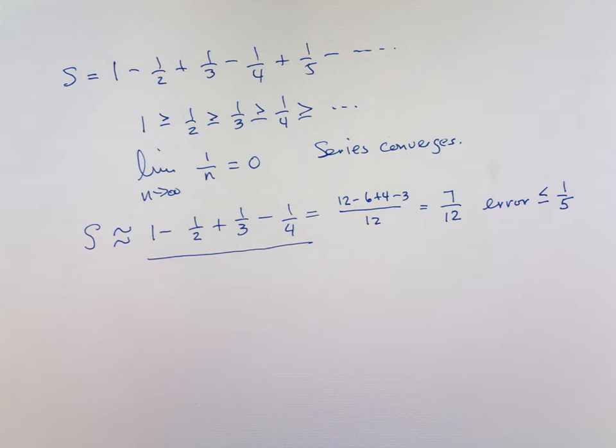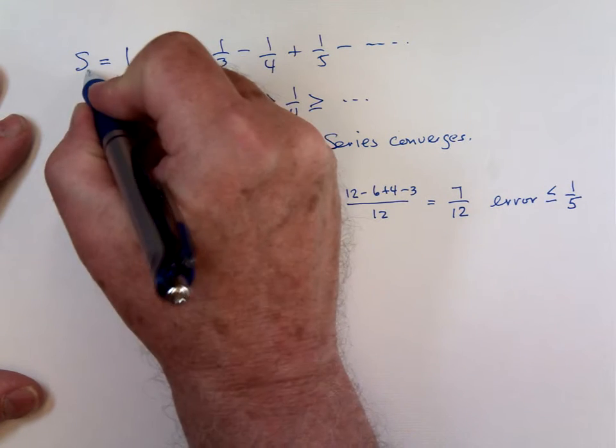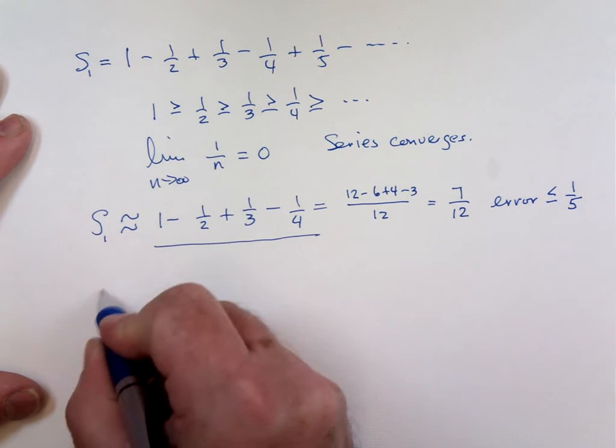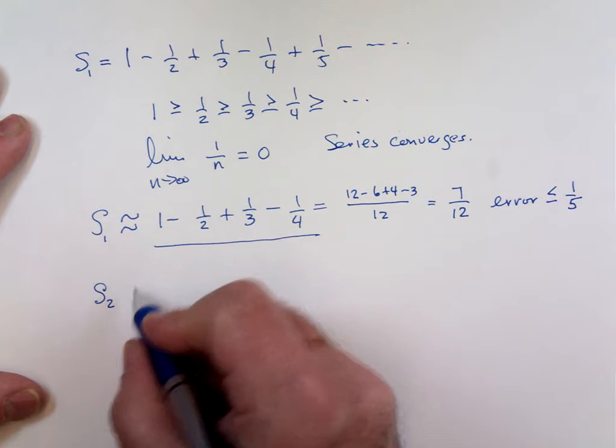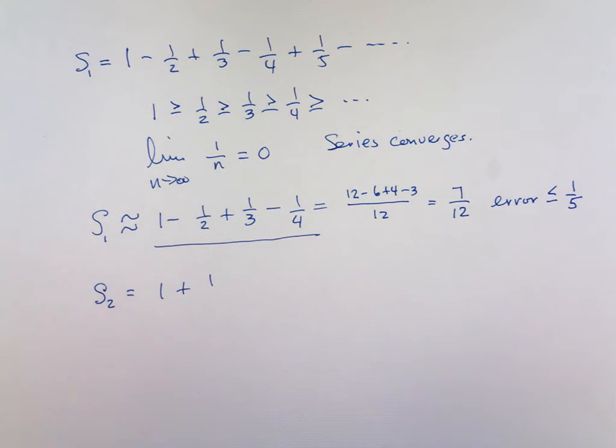Because with this alternating series, what about its positive series? Let's take a look at the positive series. Call this S sub 1. Let's take a look at S sub 2, its positive series, the alternating series. Let's look at its positive series, the harmonic series.